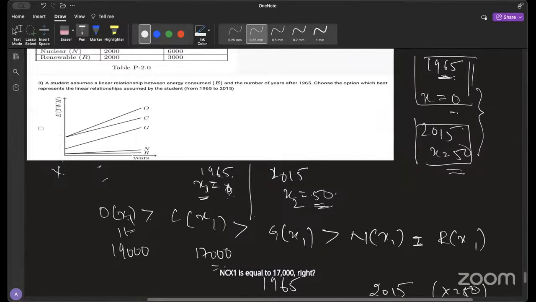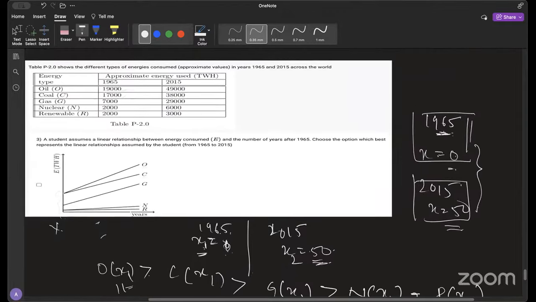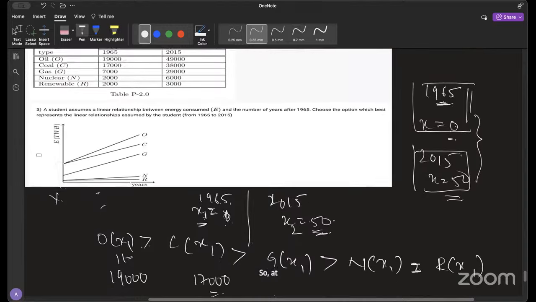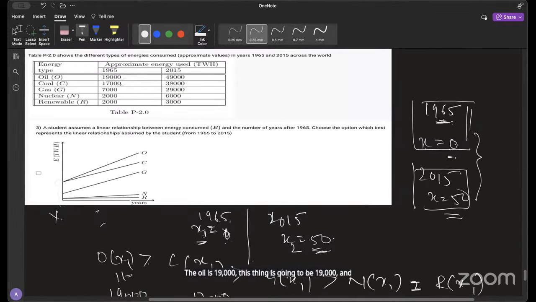At x equals 0, 1965, you've taken x equals 0. So at that point, the initial value is given to be this. At x equals 0, the oil is 19,000. This thing is given to be 19,000, and this whole function is given to be 17,000.